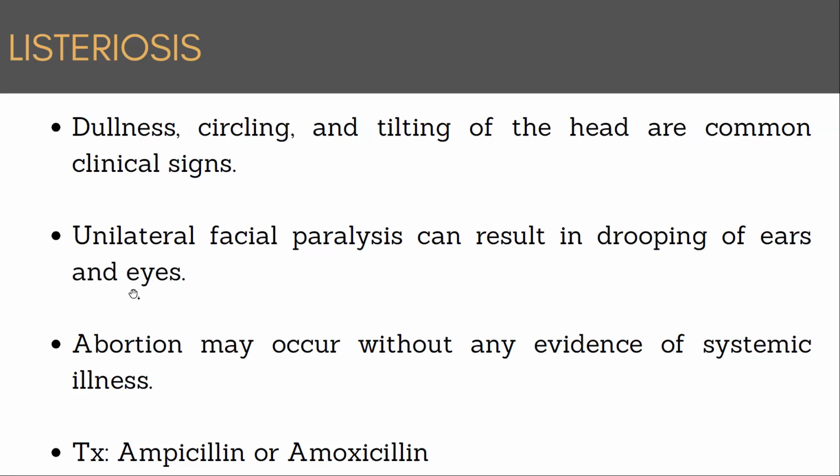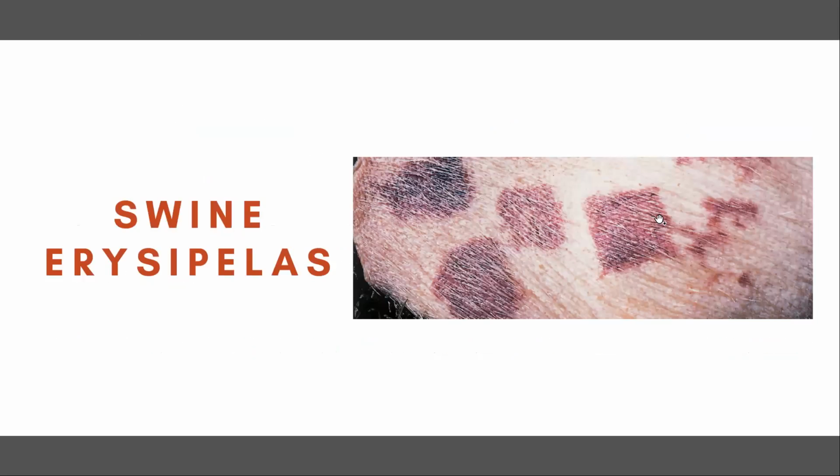So, always assume kapag meron ng clinical signs na involved ang brain, assume na baka rabies ang disease. No? So, any kind of, especially mammals, since sa mammals affected yung rabies. So, yan. Ang penicillin na amoxicillin na pwede natin bigay for listeriosis patients. So, next is swine erysipelas.